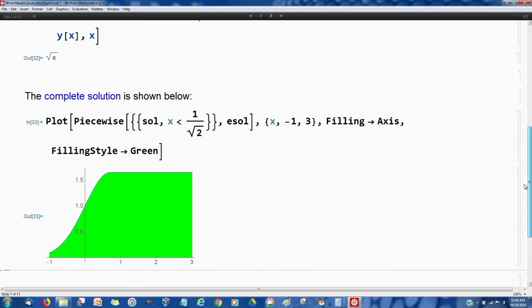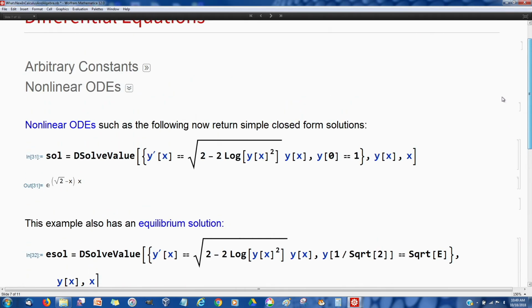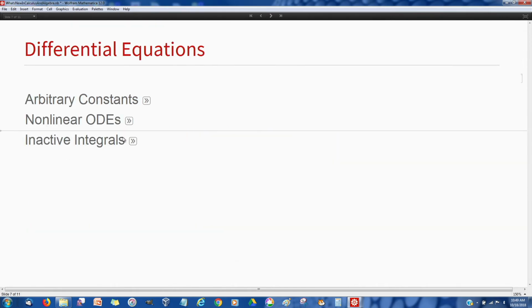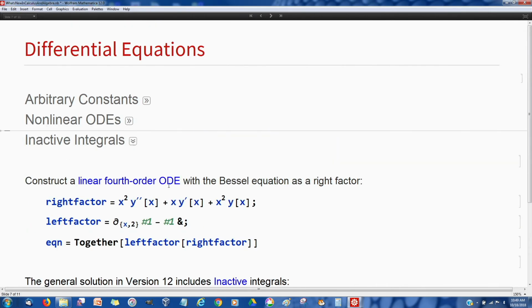And one last thing is that for a long time we have had to cope with very hard integrals which DSolve cannot do. So now we return inactive integrals. Over here you have a 4th order ODE I'm building up from the Bessel equation using differential operators. I get back the 4th order ODE.